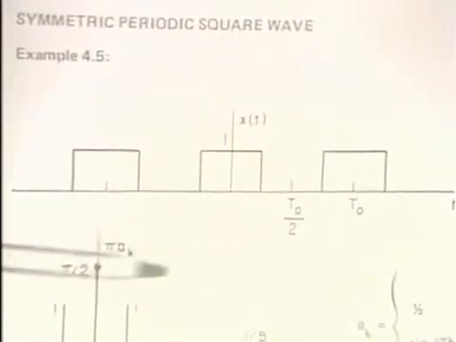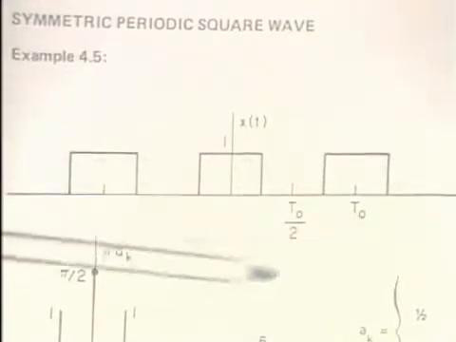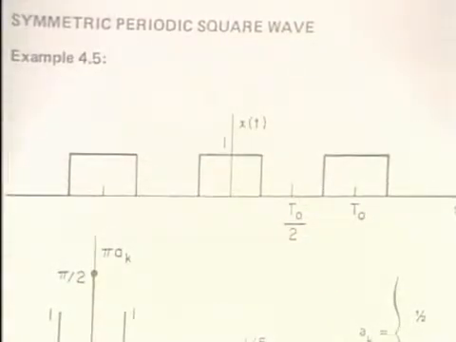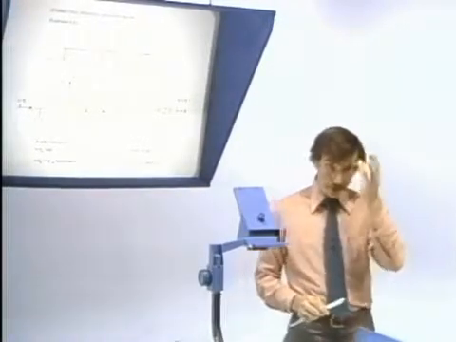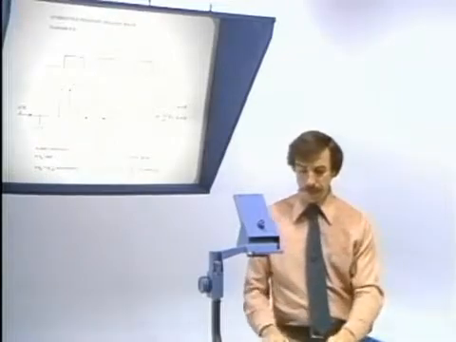Here is the symmetric periodic square wave, and what I mean by symmetric is that it's an even time function. Now, extrapolating your intuition, what you should expect is that if it's an even time function, it should be buildable, if it's buildable at all, out of only even sinusoids. And in fact, that's the case.